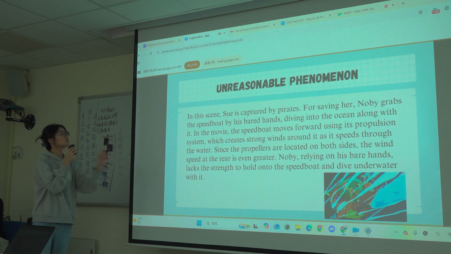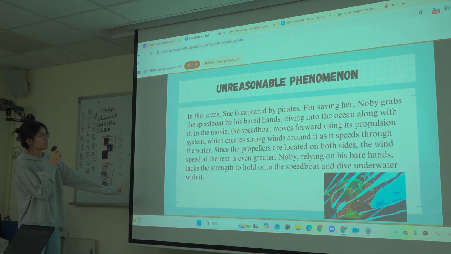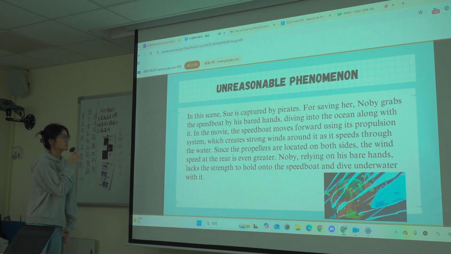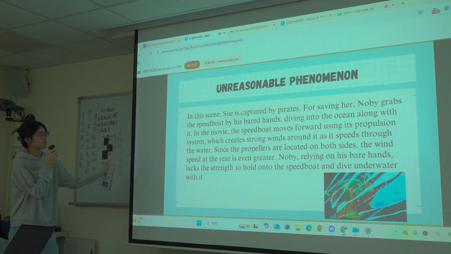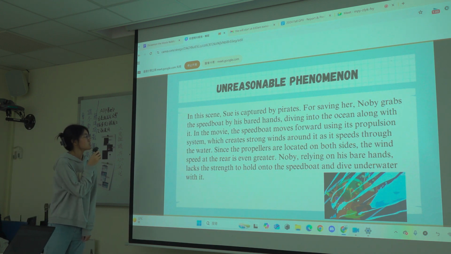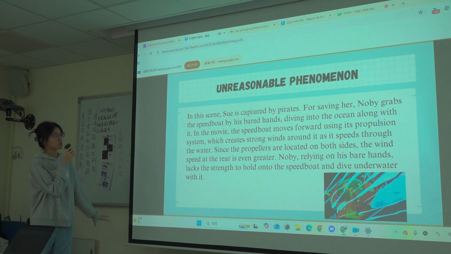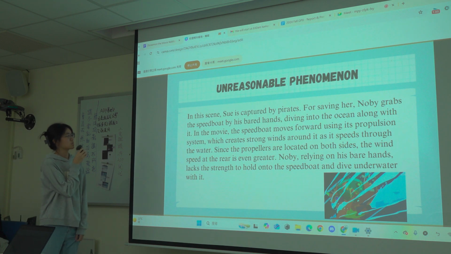In this story, Sue is captured by a pirate, and before saving her, he grabbed the speedboat with his bare hands and dived into the ocean along with the speedboat. In the movie, the speedboat moved forward using its propulsion system, which creates strong wind around it and speeds through the water.